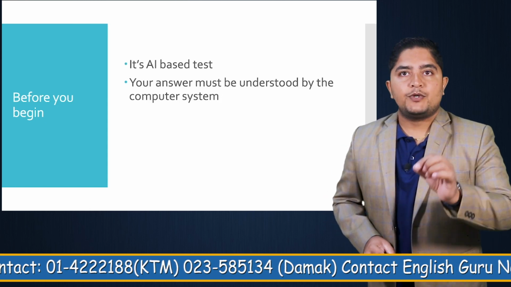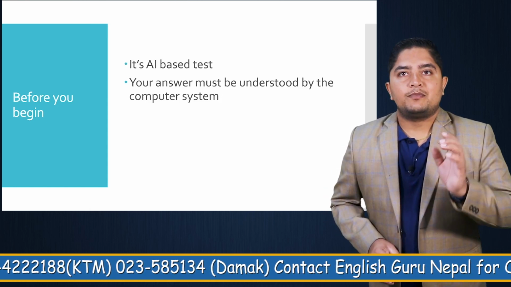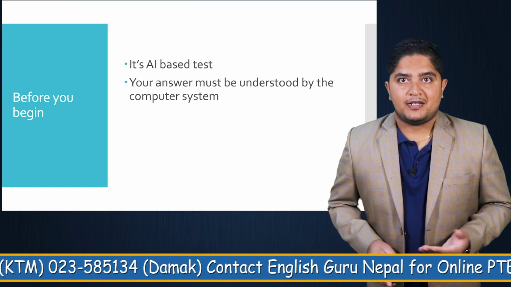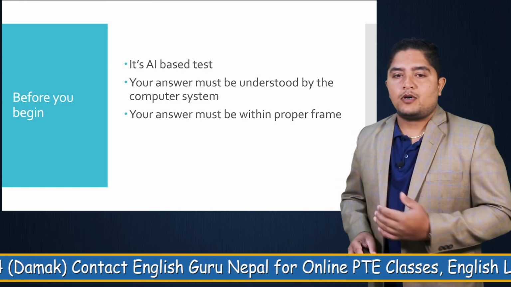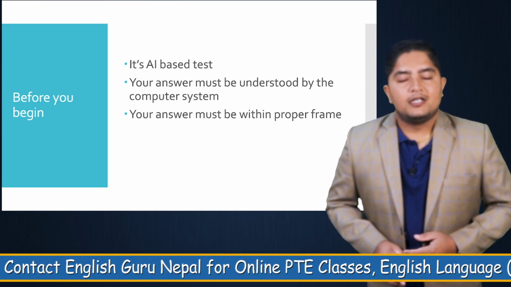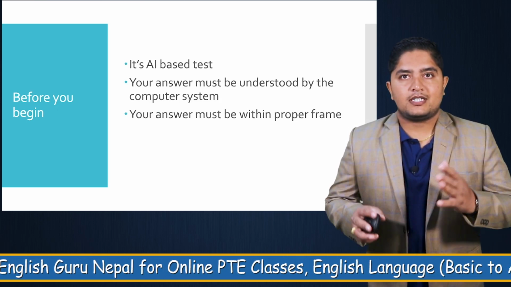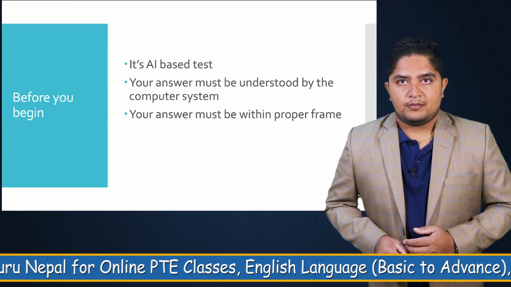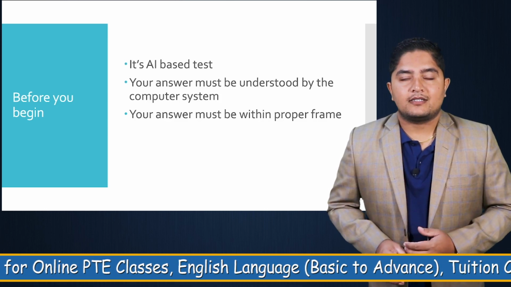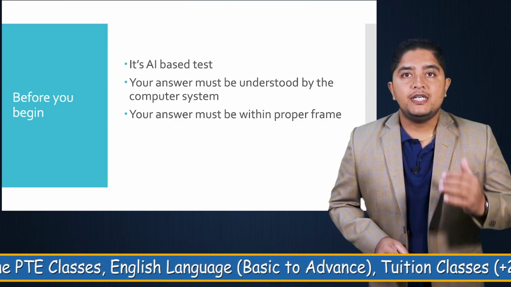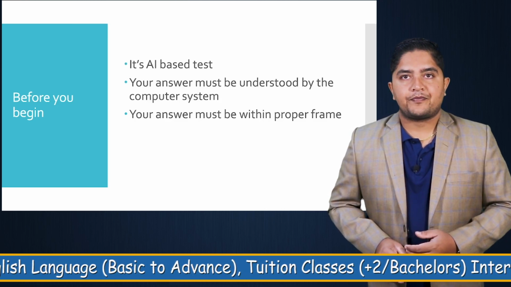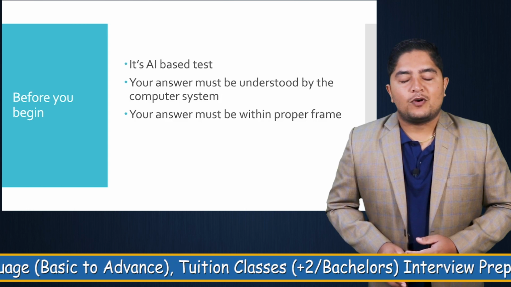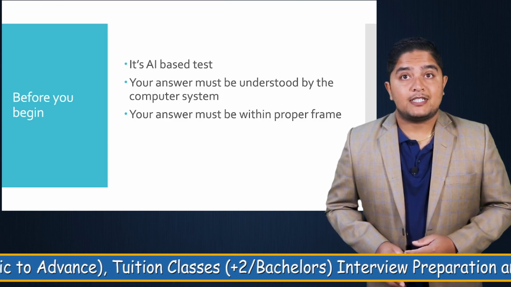It means whatever you write must be understood by the computer system. You have to understand that very first. Secondly, there are certain frames, certain bars, or guidelines, and you're not supposed to go out of those bars and timelines. If you do so, your score will be low or probably zero as well.